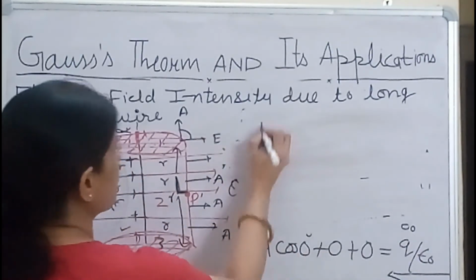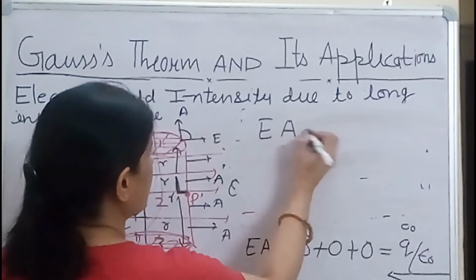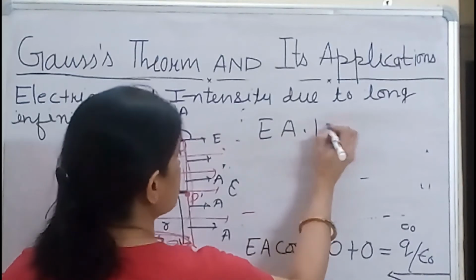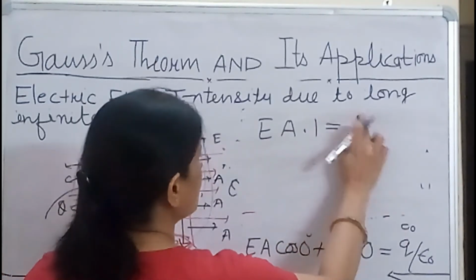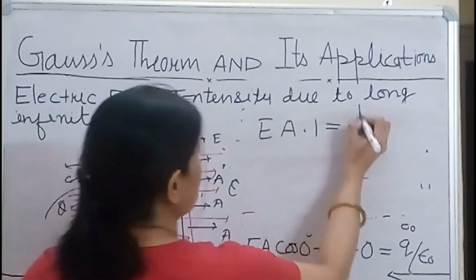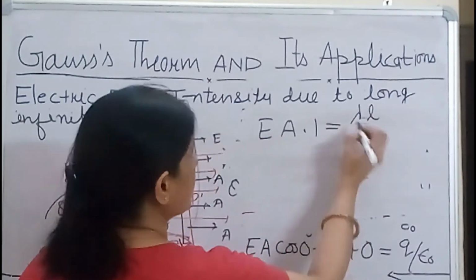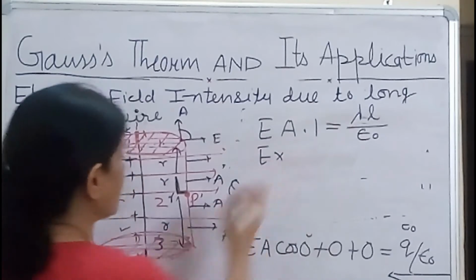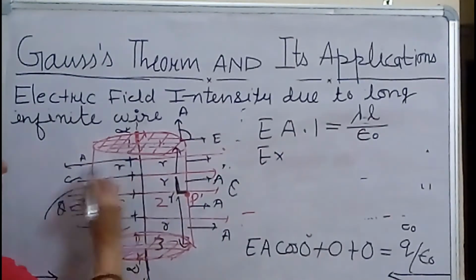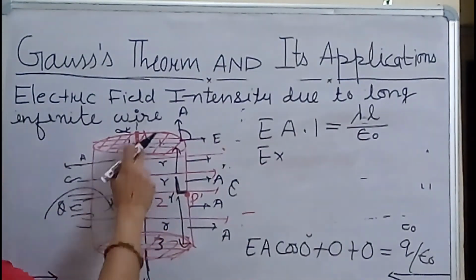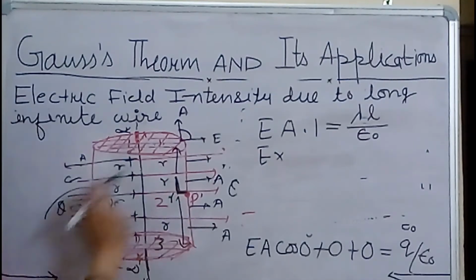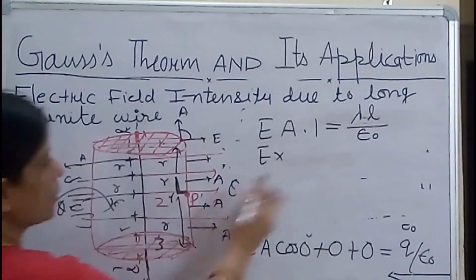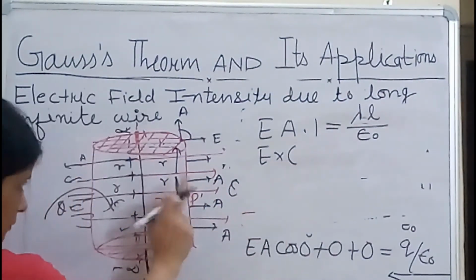E A cos 0, cos 0 is 1, is equal to Q. What is the value of Q? Lambda L, which we just calculated, upon epsilon naught. E A, because we are considering only this curved surface. This surface is 0, this surface is 0. Now what is A for the curved surface?